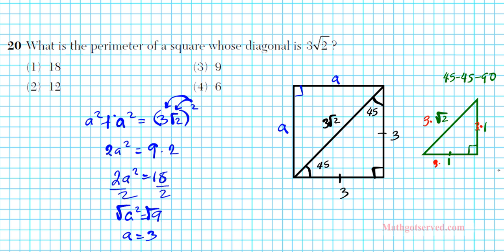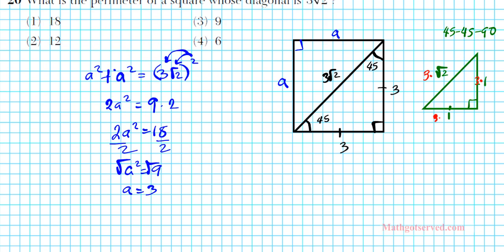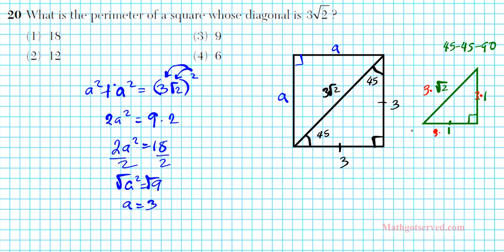All right? So if you don't remember the 45, 45, 90 special triangles ratio, you can use the Pythagorean theorem when working with squares. This applies mainly just to squares. So we now know what the side length of our square is. So what are we calculating? Are we calculating the area, perimeter?